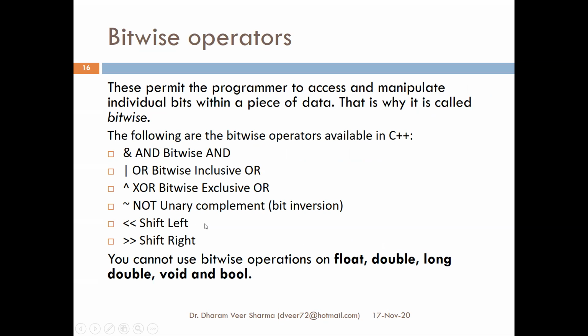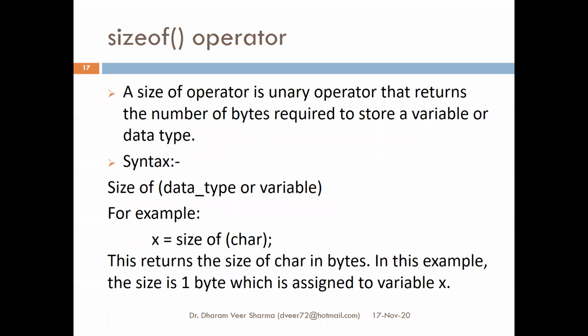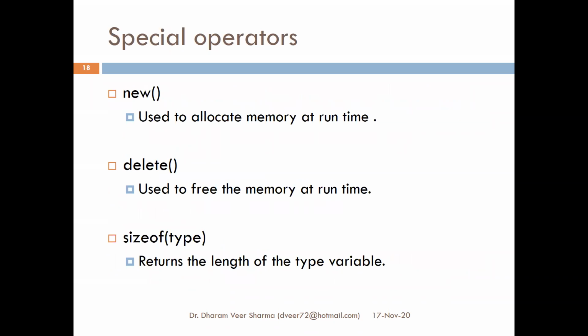Bitwise operators we will definitely discuss, maybe tomorrow or some other day. Sizeof operator we will also do. And new and delete we will do a little later, not now.